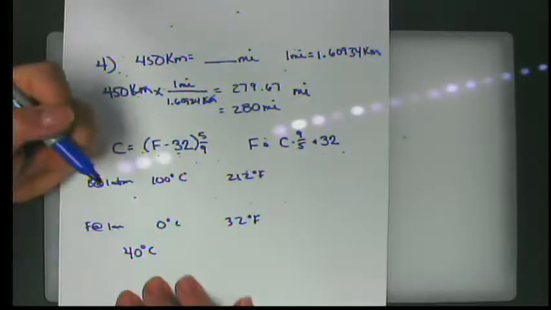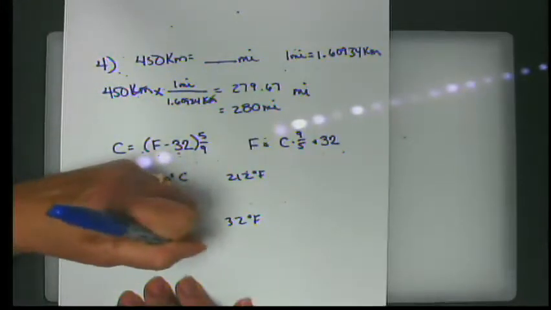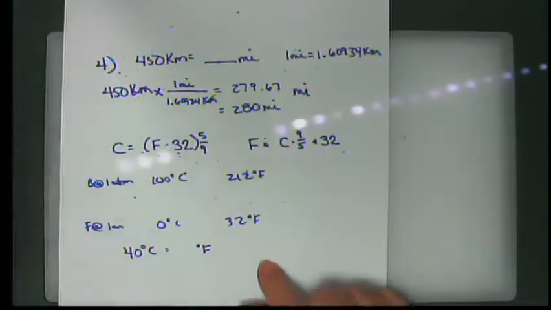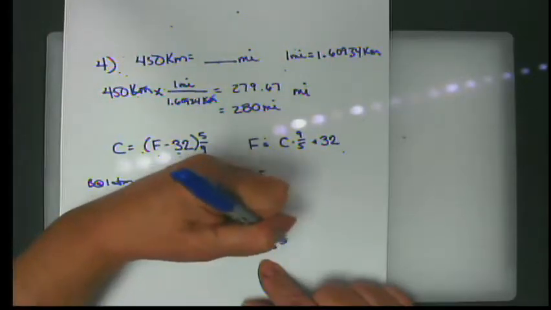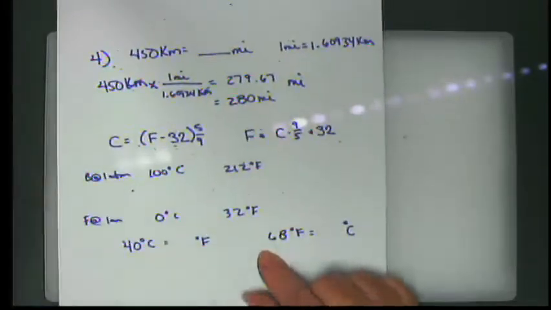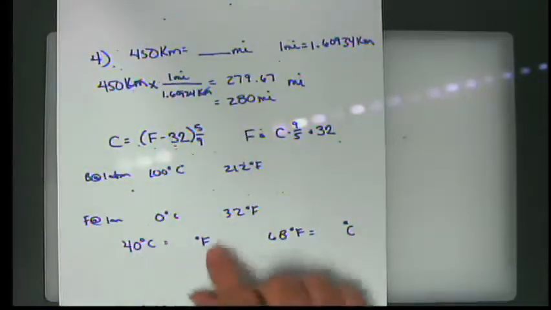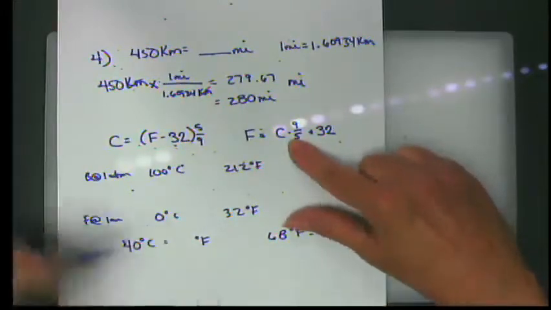So if you were to go from one of the problems in your problem set, number 19 is 40 degrees centigrade equals how many degrees Fahrenheit? And then I'll do one the other way, 68 degrees Fahrenheit equals how many degrees Celsius or centigrade? Okay, so to go this way, I want to use this formula because I want to come out in Fahrenheit.